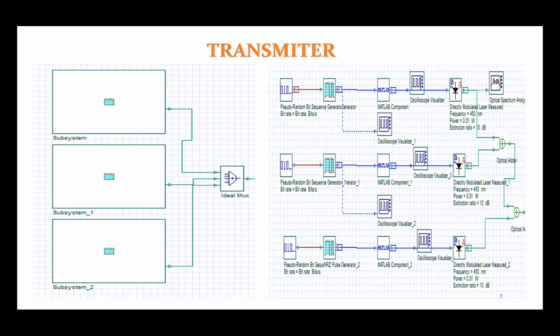Let's describe the transmitter and what happens at the transmission level. Our proposed system consists of multiple users separated into a number of groups. Within each group, the users share one wavelength. As we can see in the figure, optical orthogonal codes are generated by the MATLAB block.